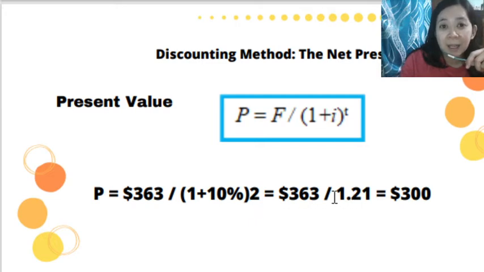Therefore, if the investor wants to receive $363 after 2 years with 10% interest, he must invest $300 today. This is the present value, and this one is our future value.